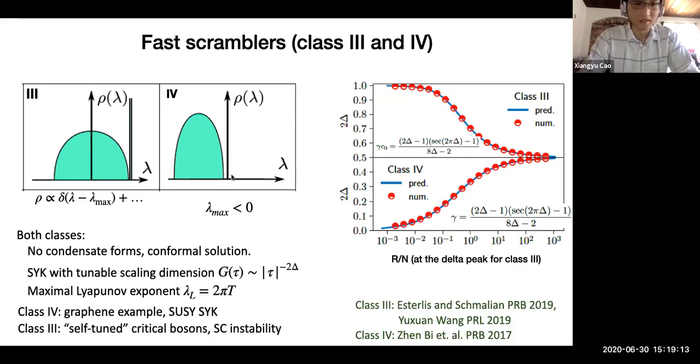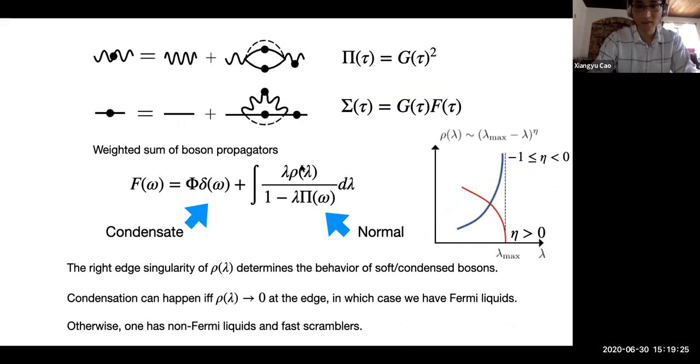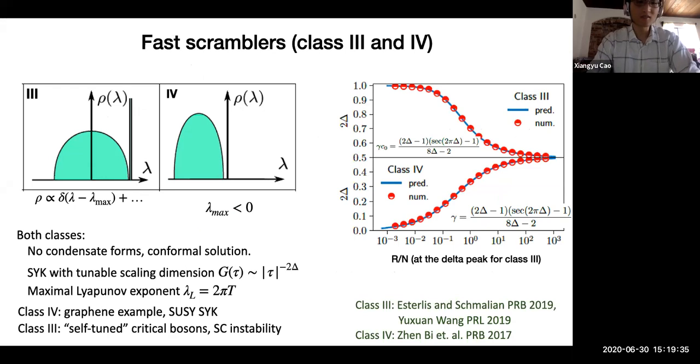In class 3, the distribution has a delta peak at the maximum, and in class 4, there's no positive lambda, so there's no possibility of boson instability to condensation. So if lambda is not all negative, then nothing can happen in this denominator here. In both cases, you can show that no condensation happens.